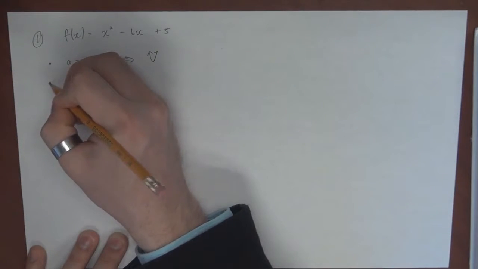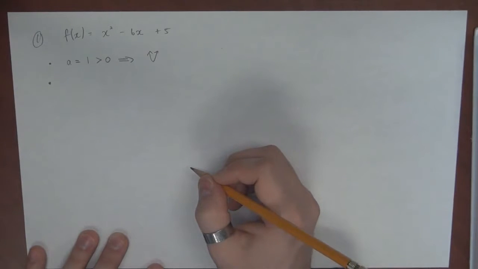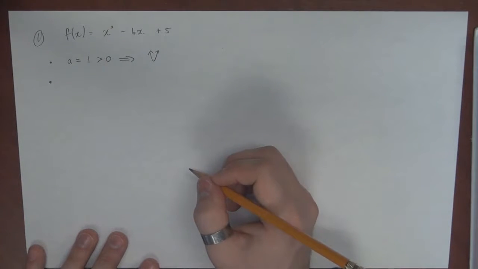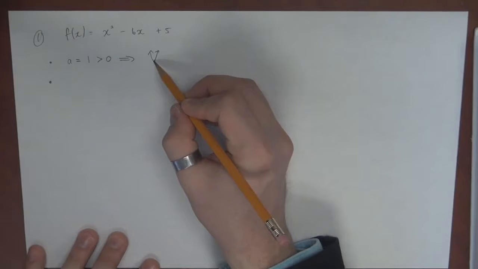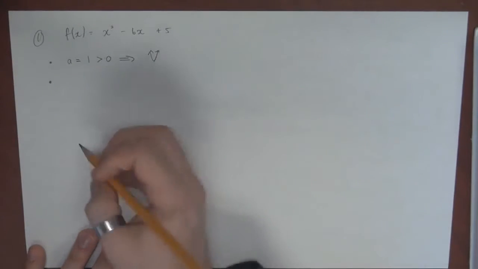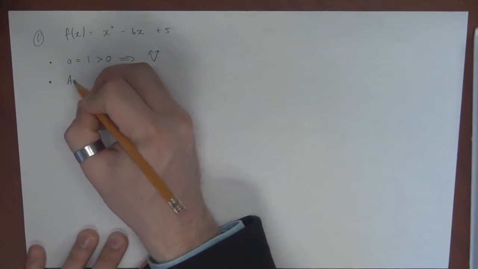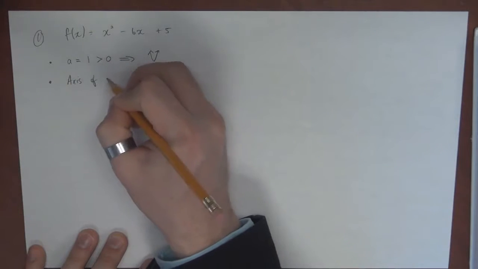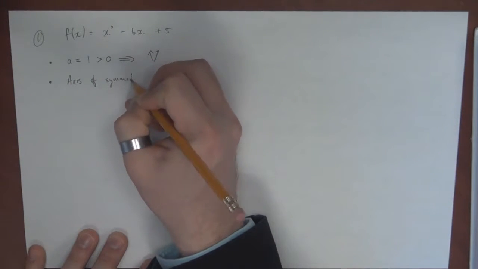Then what is the next thing that I look at? I have to figure out where this minimum point is going to be. So I have to find the axis of symmetry.